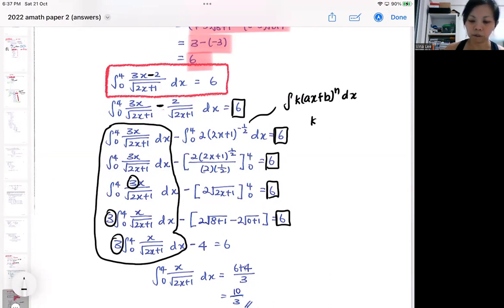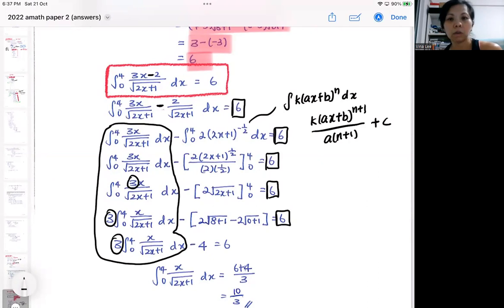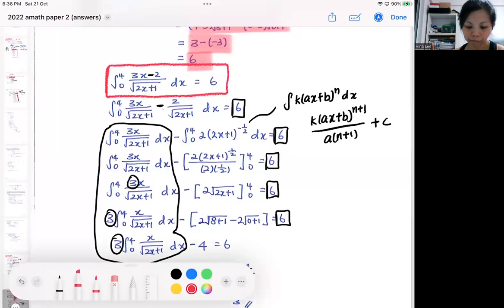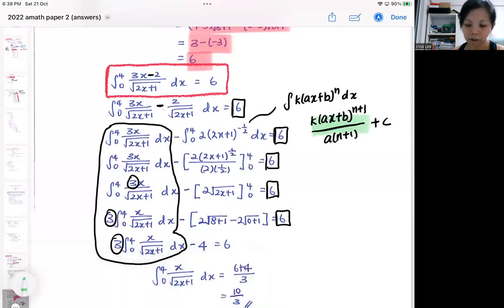So I will add a power, divide by new power, and not forget the plus C. I'm using this formula, one of the basic integration formulas. So I have 2 definite integrals to work with. One of them is what the question wants. The other one is workable on your own. They will definitely give you something that you can execute. So you focus on the second definite integral and apply the formula.